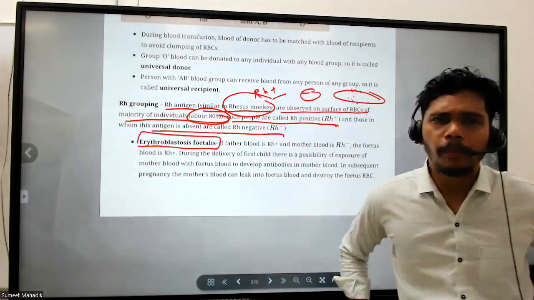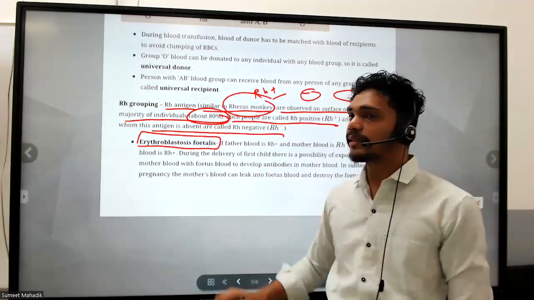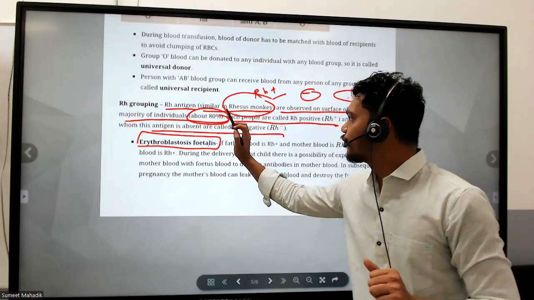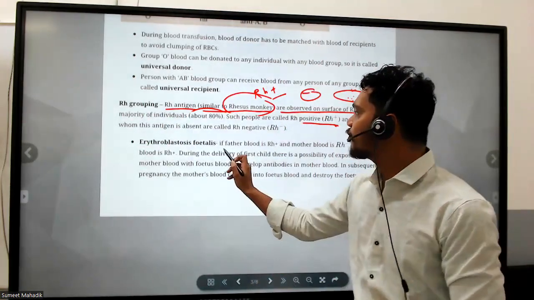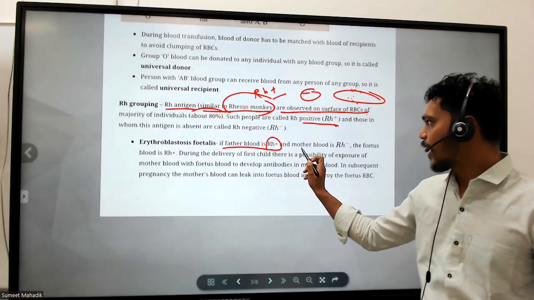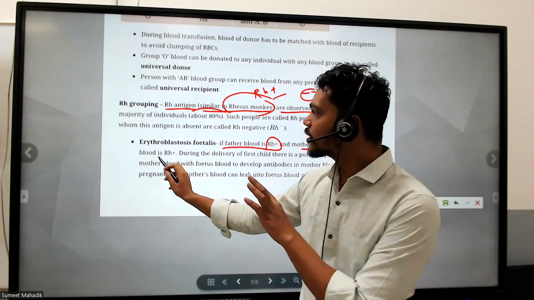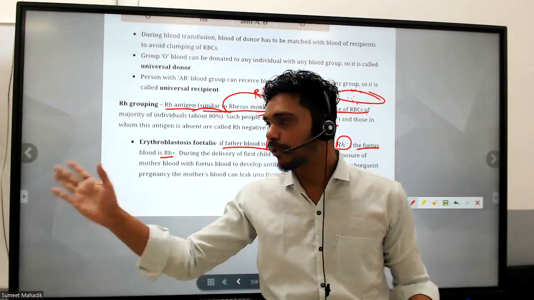Now, erythroblastosis fetalis. What is that? Fetalis means the fetus is not developing properly. Let's see a case. If the father's blood is Rh positive and the mother's blood is Rh negative, the fetus blood will be Rh positive, because Rh positive is dominant.